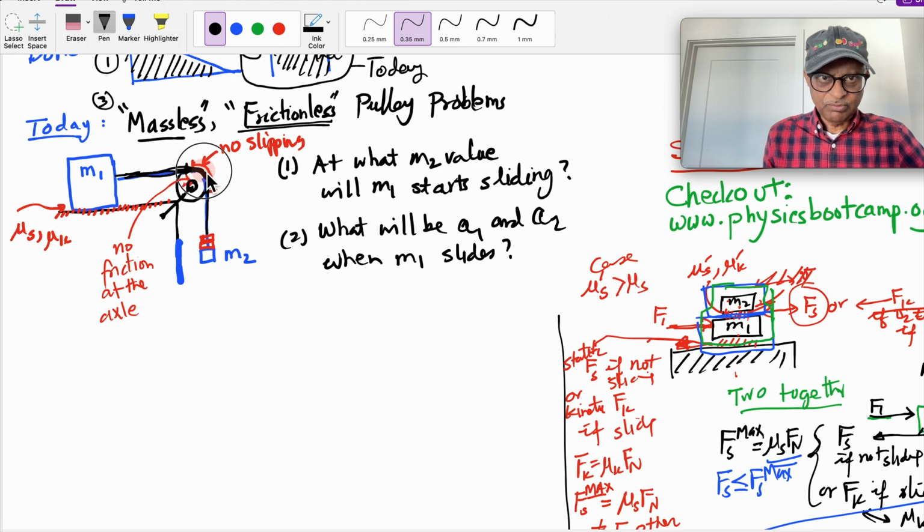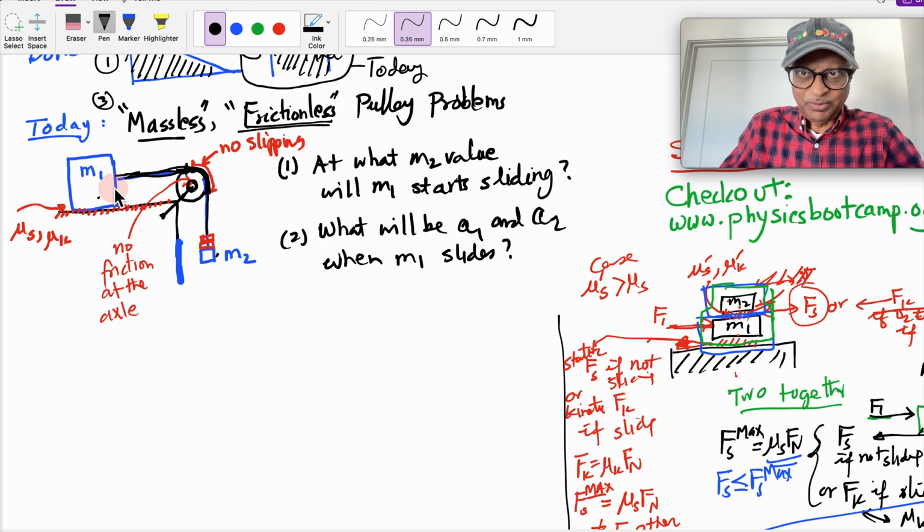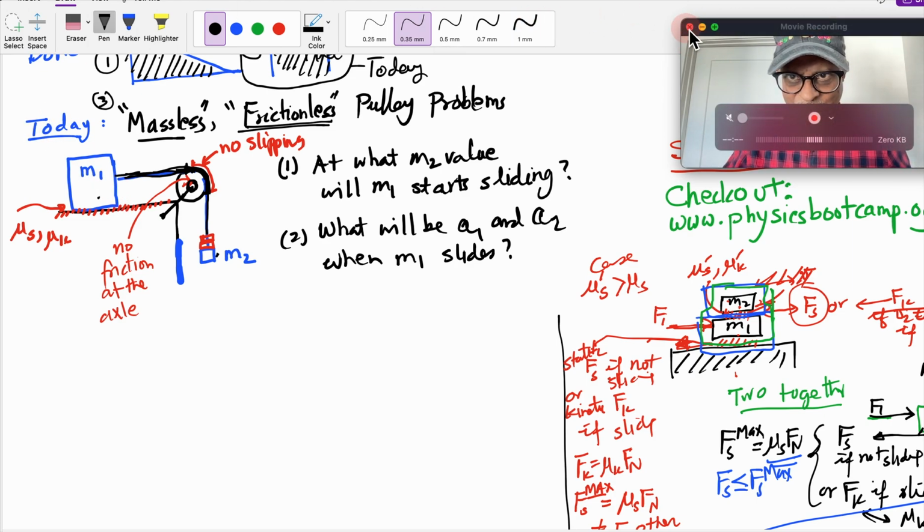So when the string goes over there, it's always in touch. The string is not slipping. If it's slipping, then the motion of this block and this block will be uncoupled. Make sure you understand that.